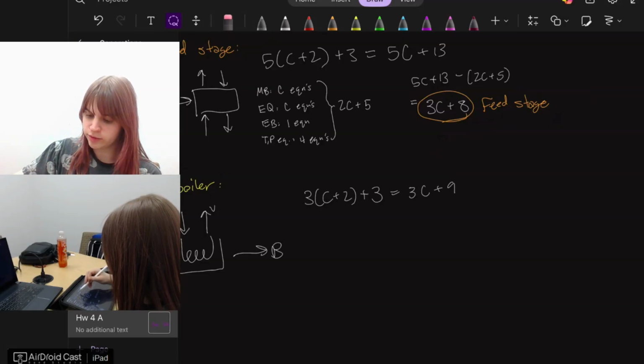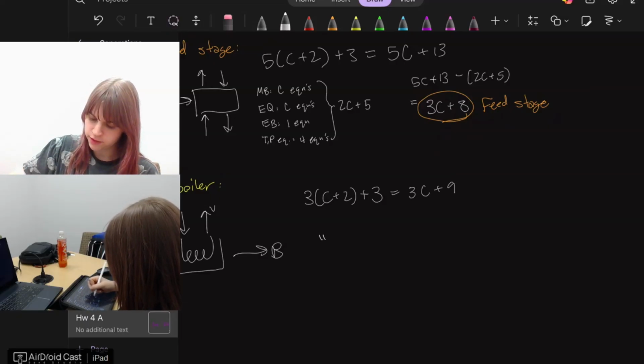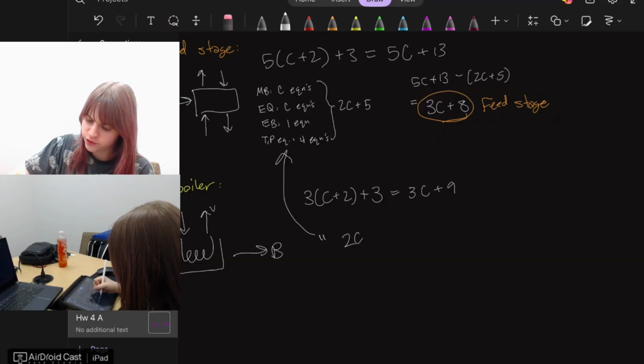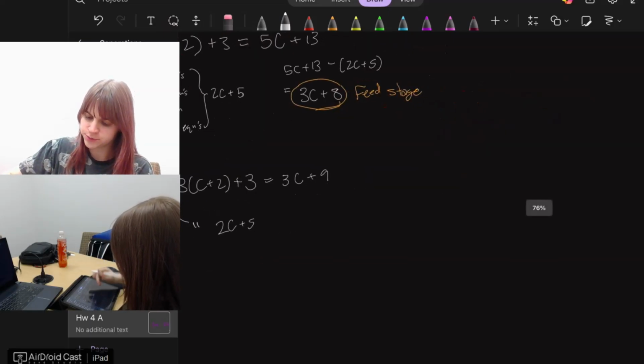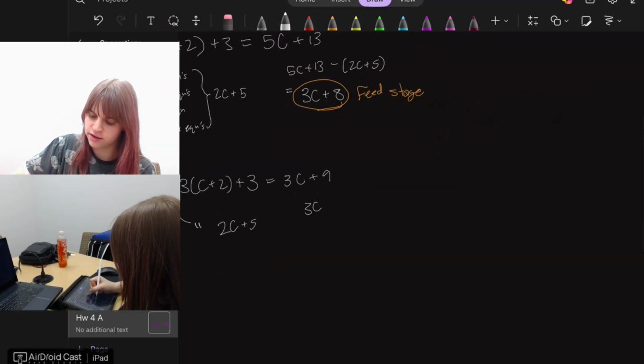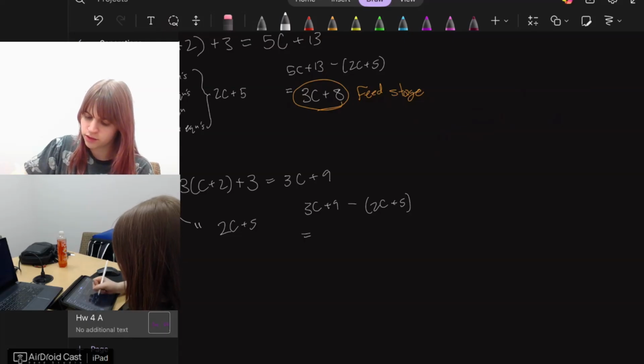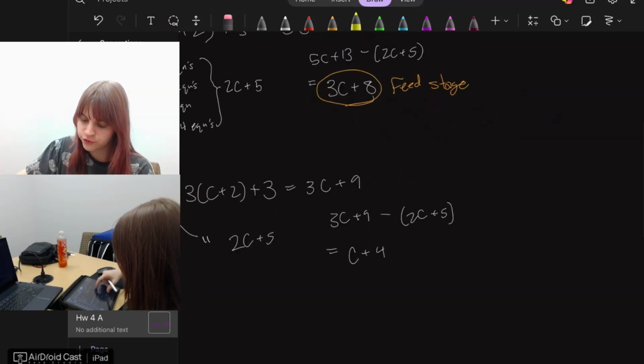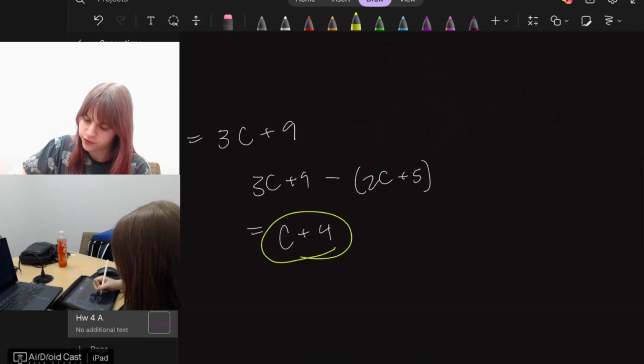I'm not going to rewrite it, but this is the same as above, so we have 2C plus 5 already defined, and we need to subtract that from our 3C plus 9. And then we get C plus 4. And that C plus 4 is for our reboiler.